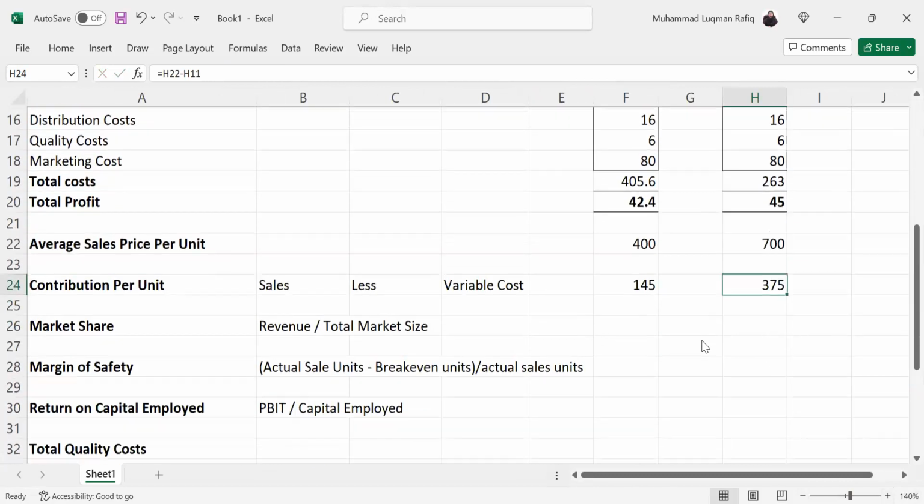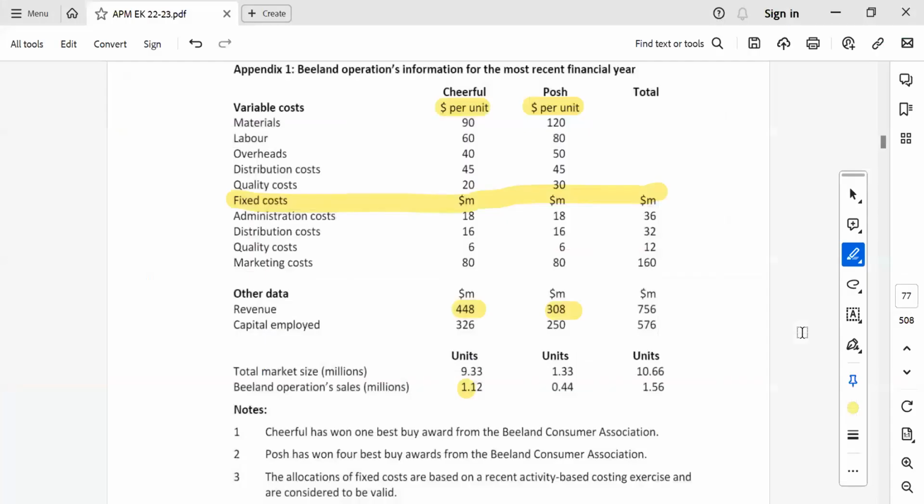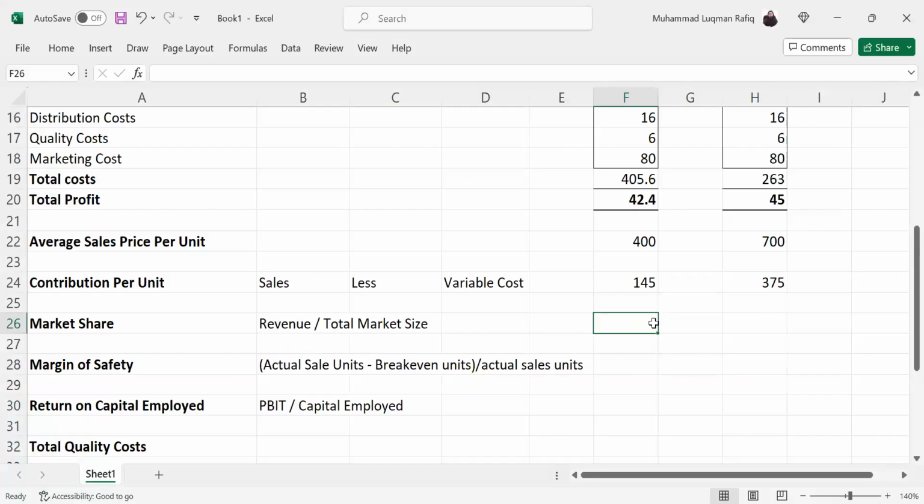Right? Then it says market share. It's revenue divided by total market size. 448 million is your revenue. Total market size in terms of units is this. Unfortunately, we are not being given the market revenue in terms of this. So your market share is going to be unit sales divided by total market size.